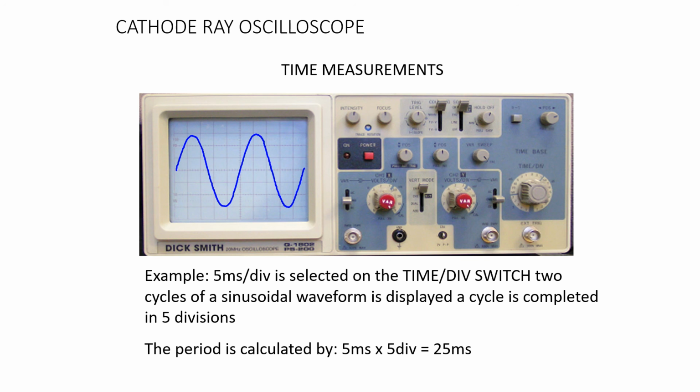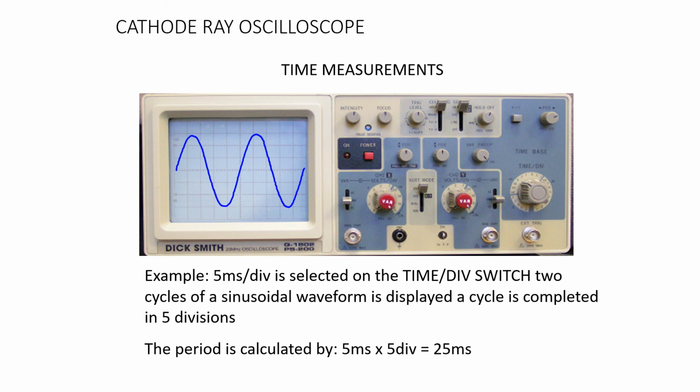Coming to the front panel controls of a CRO. We have an on-off switch. We have the two-channel BNC connectors to connect the two signals. We have the AC DC ground switch. We have the volts per division control to adjust the amplitude of the waveform to be observed comfortably.